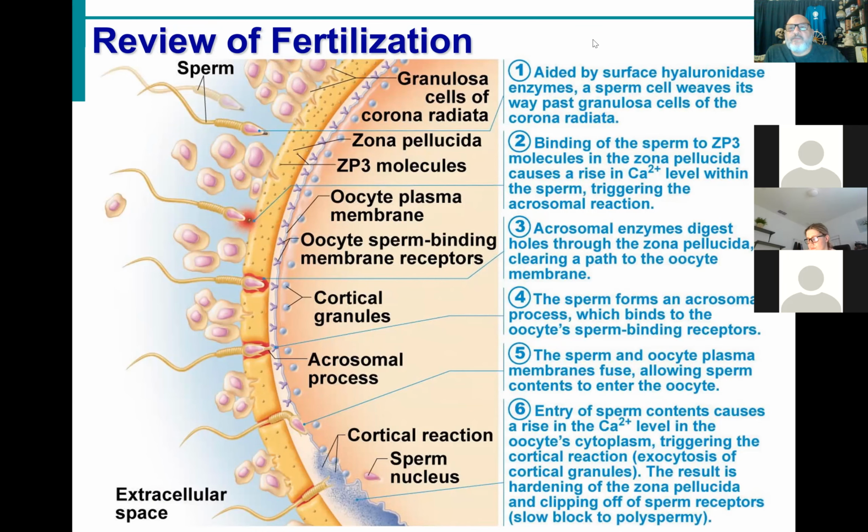Notice, again, we have the sperm with their acrosomial caps, working their way through the corona radiata and coming in contact with our ZP3 receptors that are on the surface of the zona pellucida.